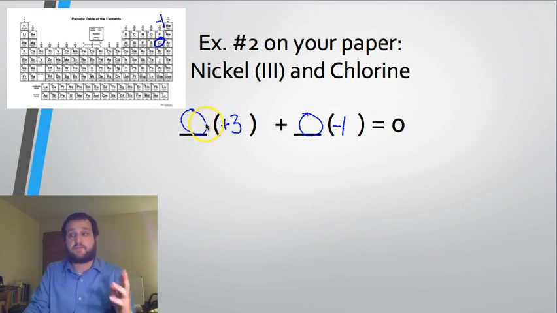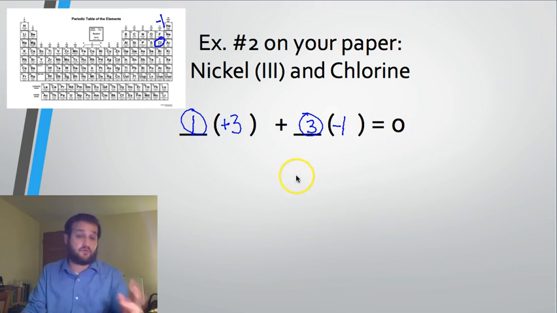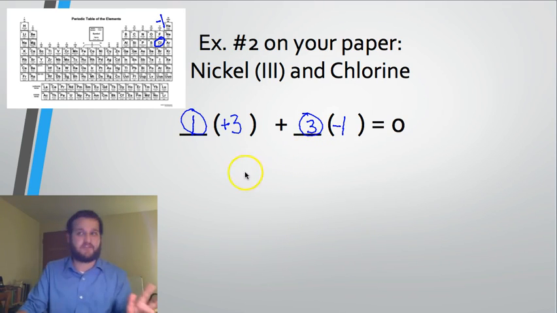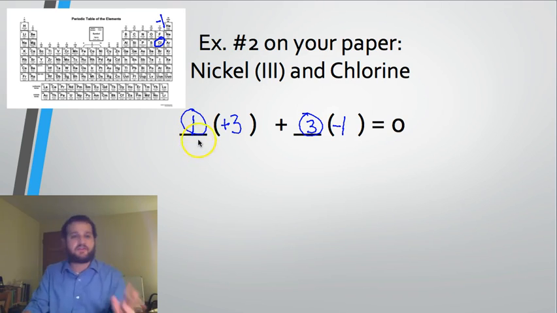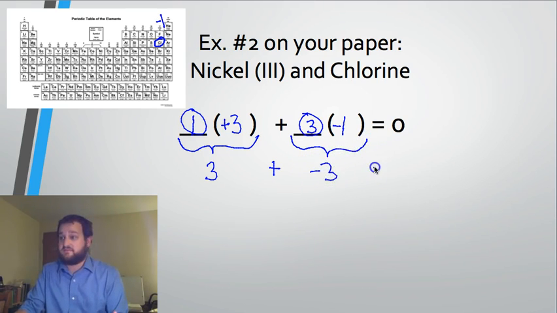Instead, the numbers that probably would work out are 1 and 3. Remember, I can't have a negative 3 because that wouldn't work out for me. I can't have a negative number of chlorine atoms. So we're going to go ahead and do this real quick just to double check our math. I have 1 times positive 3, which gives me a positive 3, plus 3 times negative 1, which gives me negative 3.